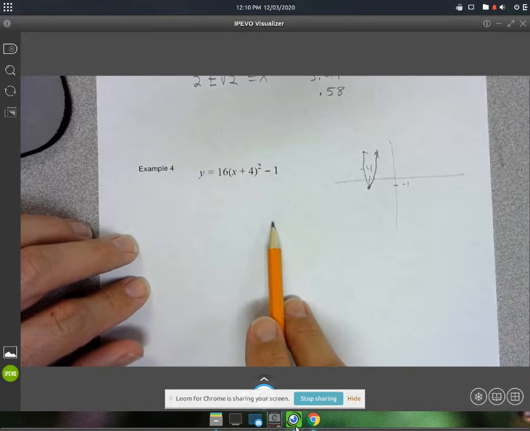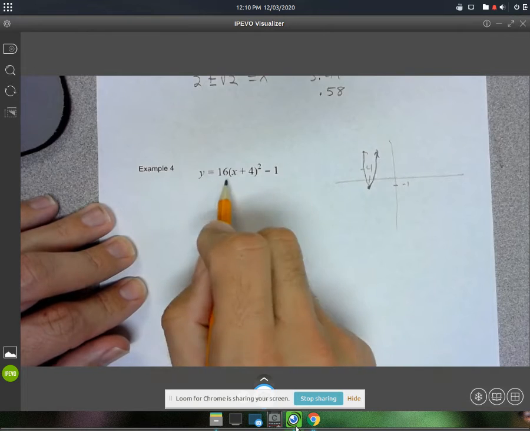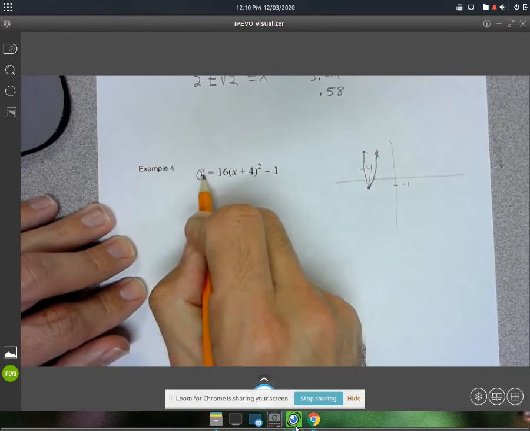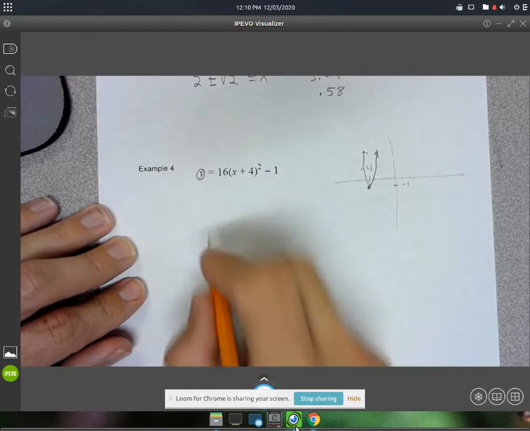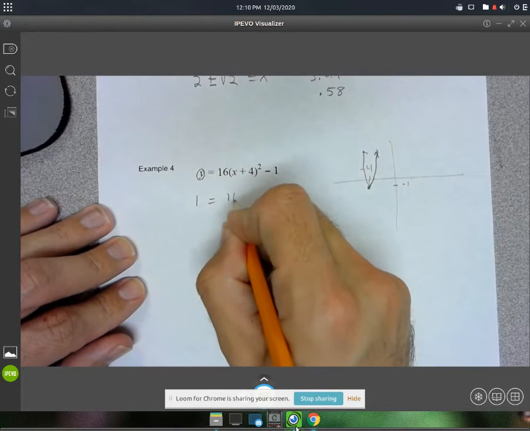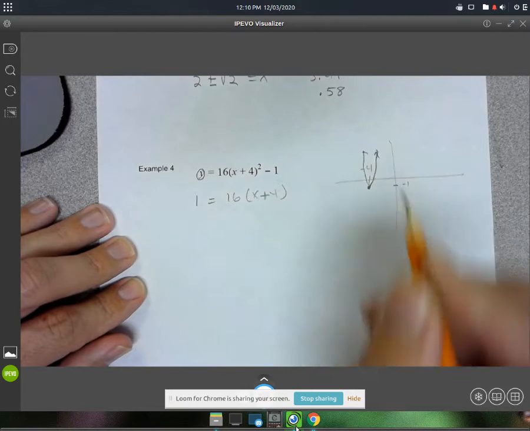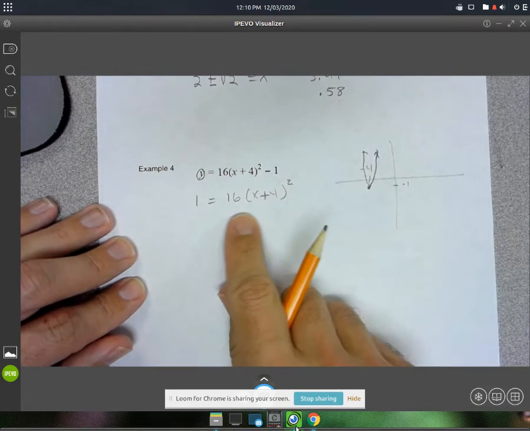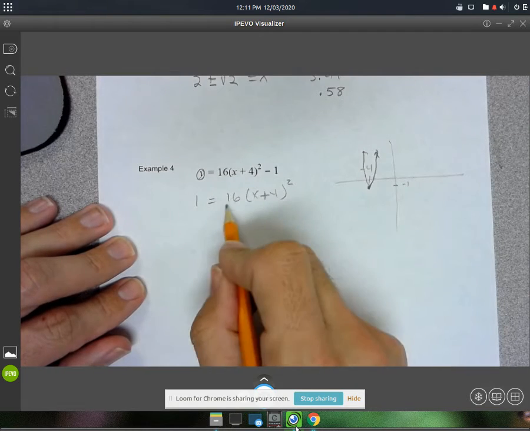I think I was going to graph it on Desmos, but I'm just going to go ahead and solve it for you, these x-intercepts. So 0 for y. We're going to plus 1 on both sides. We got to get rid of the 16, so we're going to divide by 16.